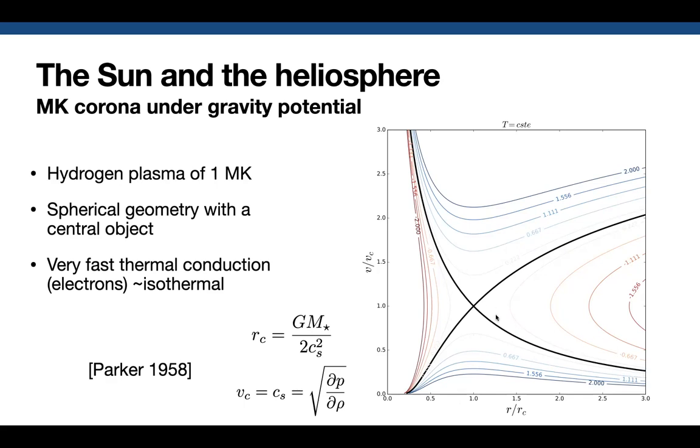You need to look at it from the other way, going from large distances with flows that are increasing in speed and then eventually end up creating a shock. And then below you have this breeze solution that was discussed at the time of Parker when he first introduced this diagram and claimed that the solar wind was in supersonic expansion.